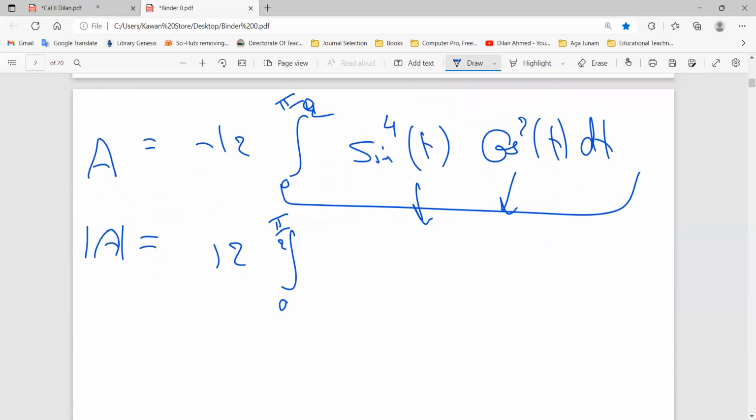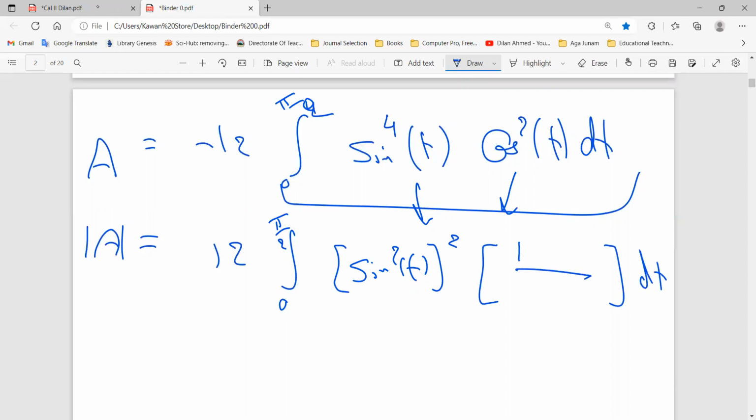Sine squared will change to the square of t, okay, and that one will be squared. How about cosine squared, will change to what? 1 plus cosine 2t over 2.